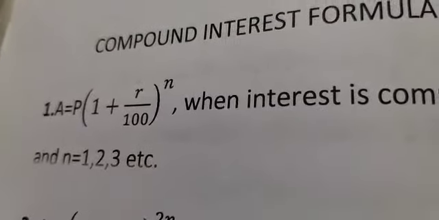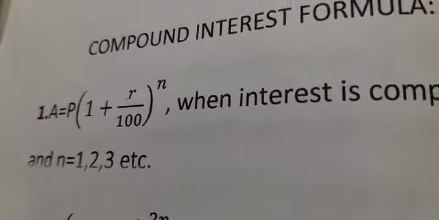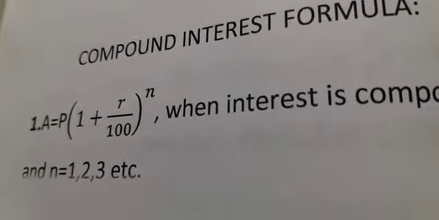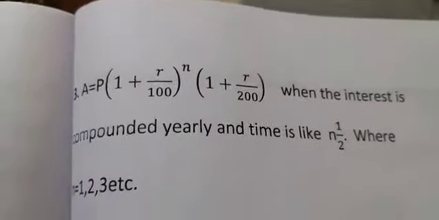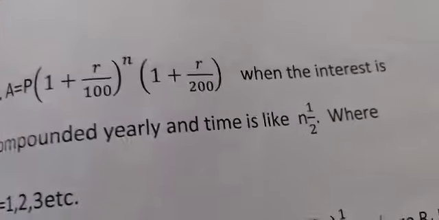But here n cannot be like 1 whole 1 by 2 or 2 whole 1 by 2. It should remain 1, 2 or 3. In this case, the time can be 1 whole 1 by 2.